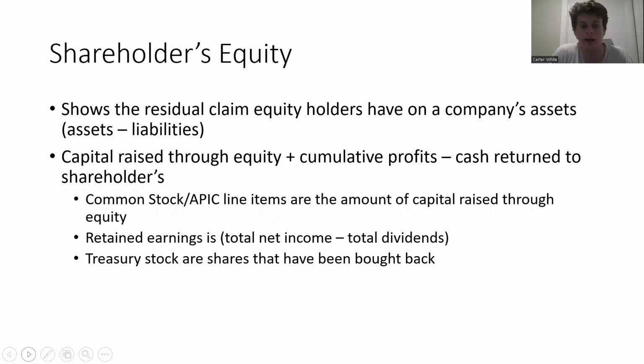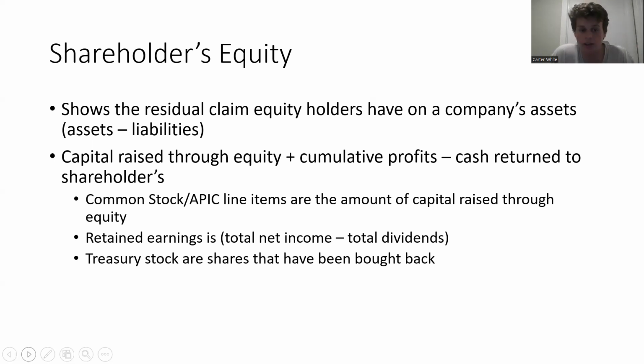So to explain that, capital raised through equity is basically like, I'm selling you a portion of my business and you're going to give me this much money. That is capital raised through equity. So we call this common stock and APIC. Common stock and APIC are different things, but it's for accounting reasons. Just know that common stock plus APIC equals the capital raised through equity.